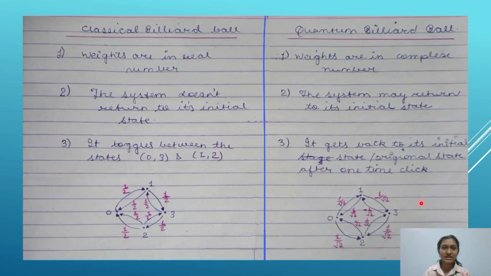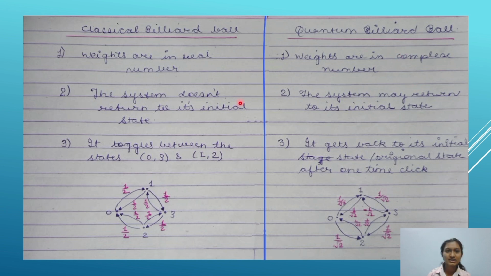Let us look at the comparison between the two. In the classical billiard ball, the weights are real numbers, that is 1 by 2 as we have seen, whereas in the quantum billiard ball the weights are complex numbers.